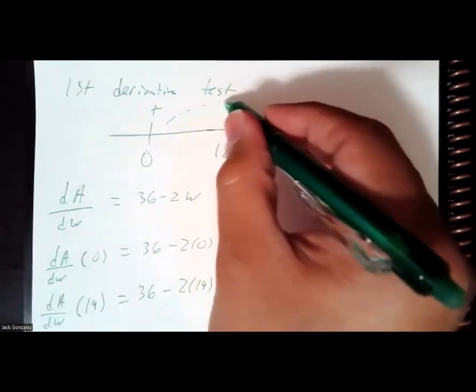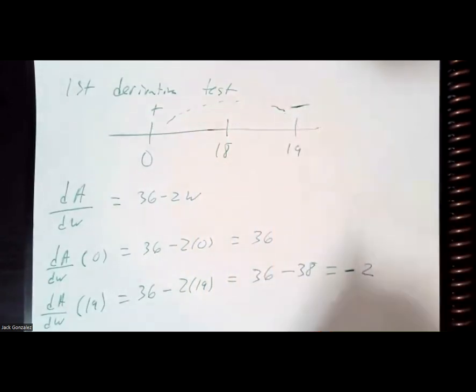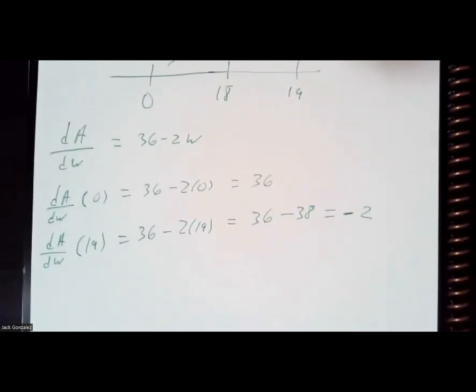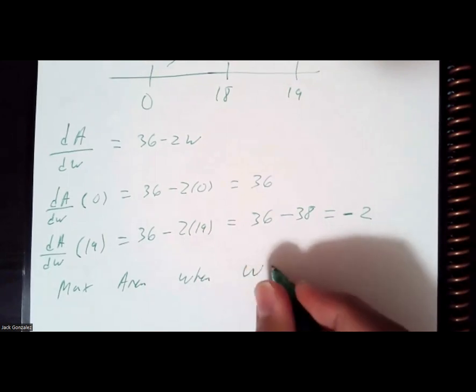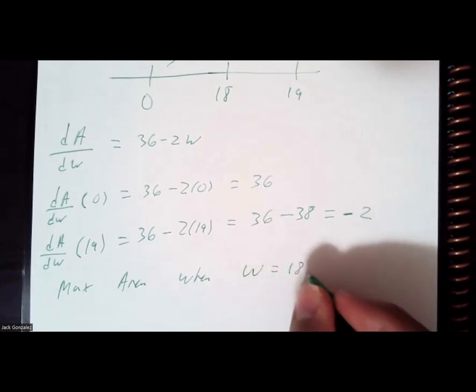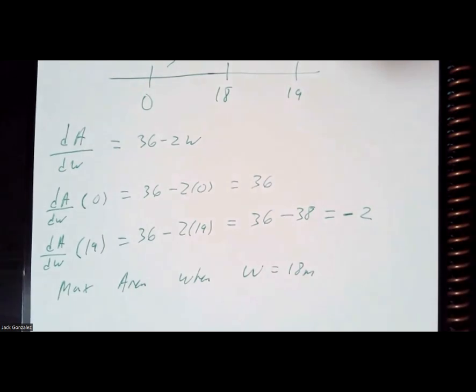Yes. So as we already knew, maximum area when width is equal to 18 meters. If width is 18, what does the length have to be?